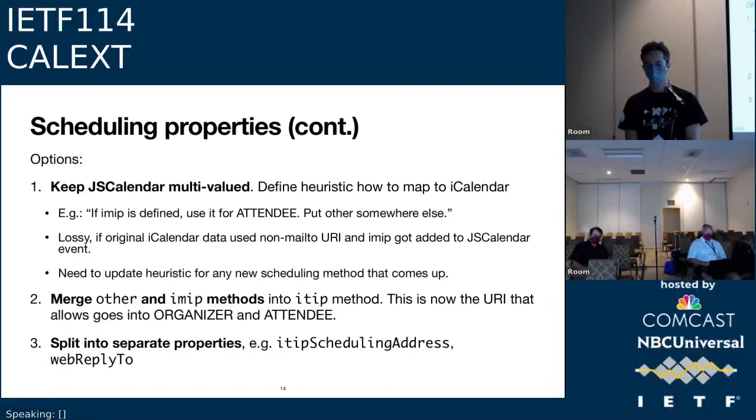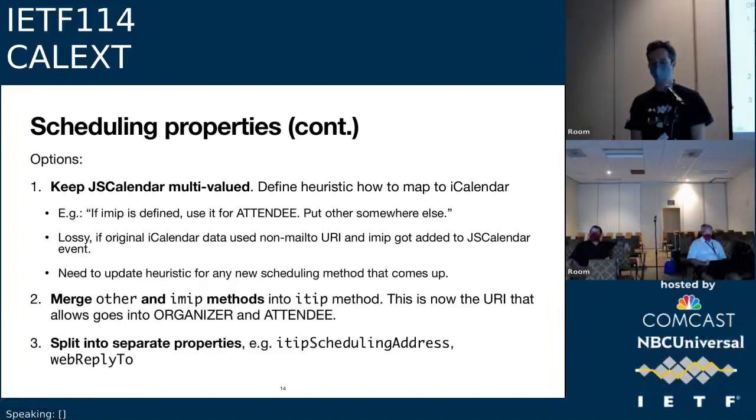And if we use a heuristic like this, we need to be aware that for every additional scheduling method defined, we need to update the rule, because we always want to be unambiguous. The alternative would be that we merge the other and IMIP methods. The other method really just came up because we realized in rare cases there are non-mailto URIs in an attendee or organizer, and we can't map it to IMIP, so we introduced other.